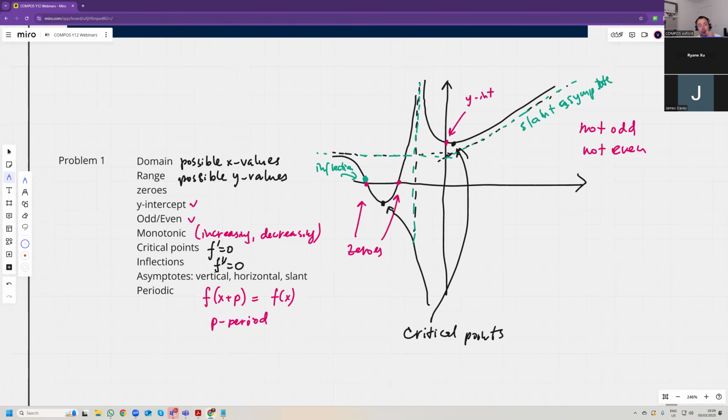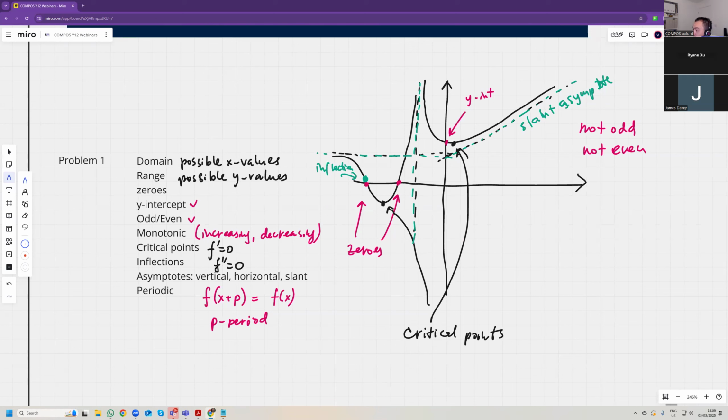So when we say we want to analyze a function, we want to go through this list and find as much as we can. We're not required to find everything, but as much as we can to help us draw a graph. Because the final goal is to be able to draw a graph of any function.